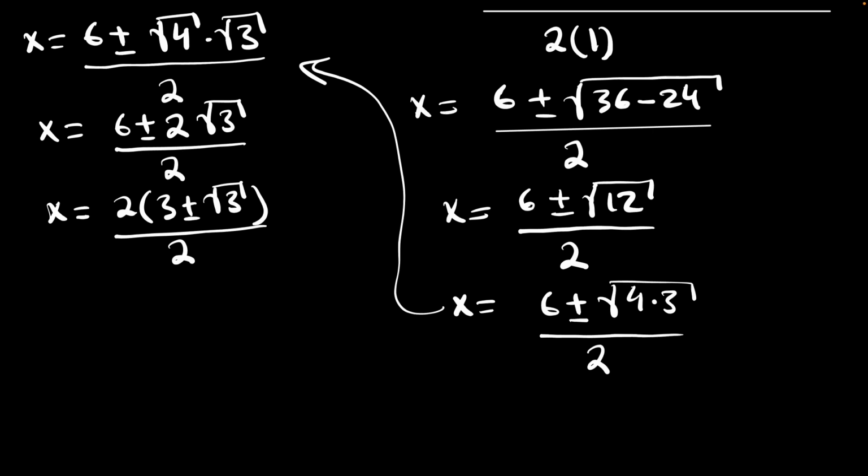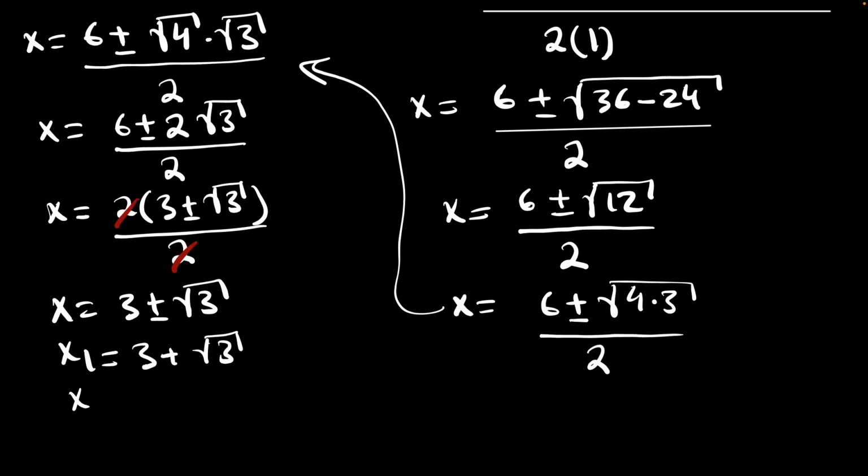Now you can cancel this 2, and you would have x is equal to 3 plus or minus the square root of 3. So it means we have two values for x. One is x1, which is 3 plus the square root of 3, and the other one is x2, which is 3 minus the square root of 3.